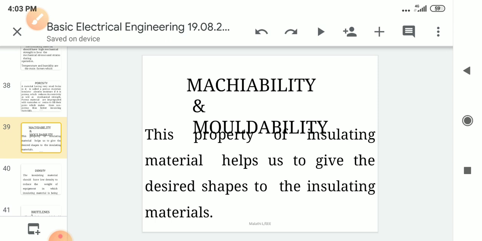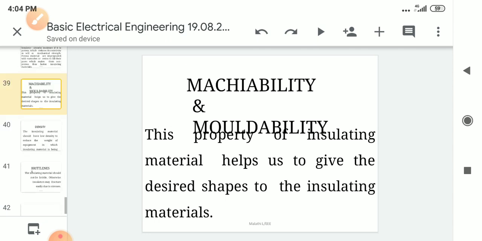If it is flexible to mold into any shape, then only it gives us different types of shapes. Because the machine and its parts have different types of shapes and structures, we have to provide insulation for those parts. That's why there must be some flexibility for molding. This property is called machinability. It helps us to give the desired shapes to the insulating material.